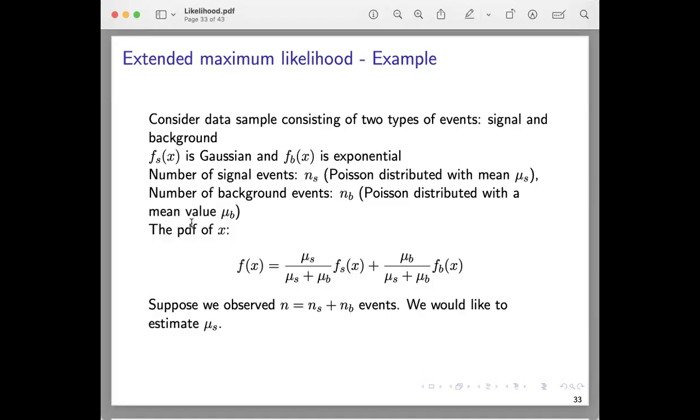So you write this PDF as the sum of the PDF of the signal plus background, normalized to n. So this is mu s over mu s plus mu b times f s of x, and then similarly for the background. The total number of observed events n is ns plus nb, and we want to estimate the true values of the signal and the background, which are mu s and mu b.